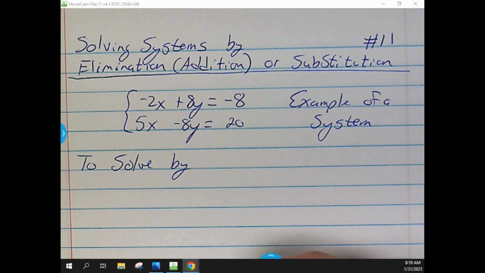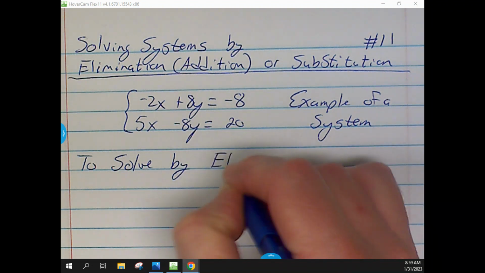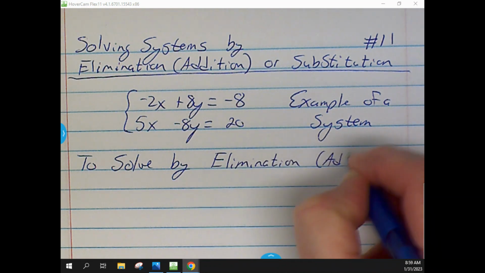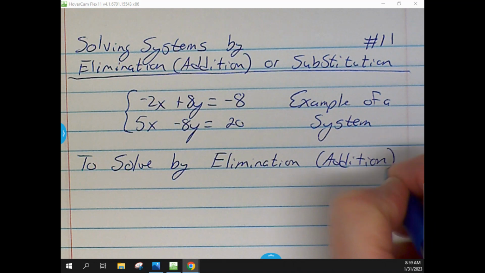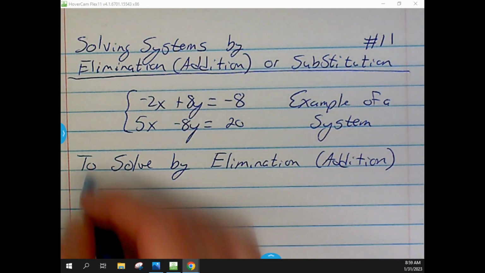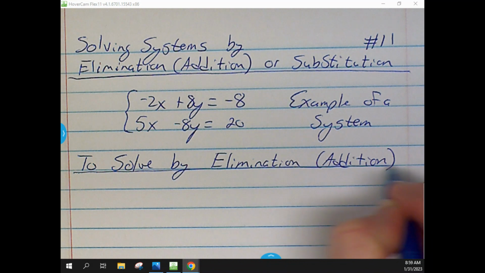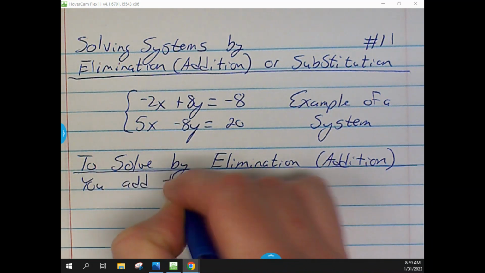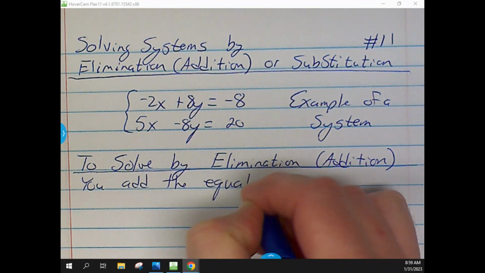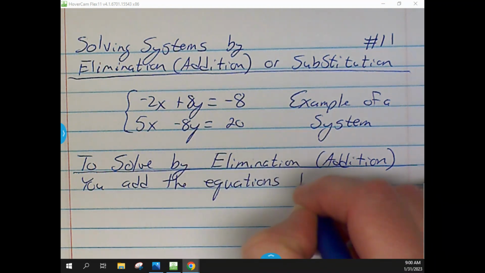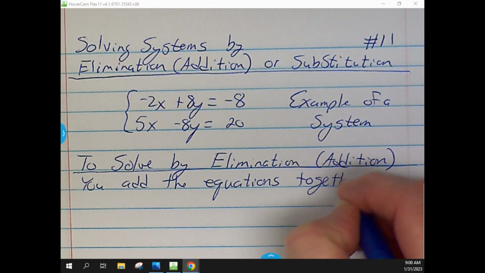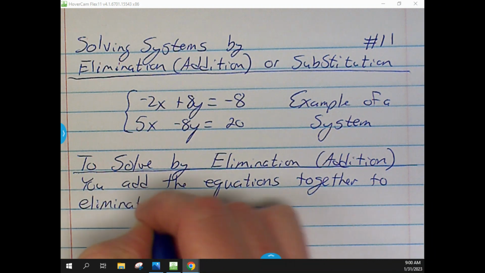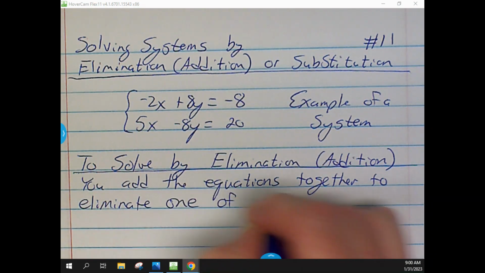All right, so to solve by elimination, or again, some people call it the addition method, you add the equations together to eliminate one of the variables.